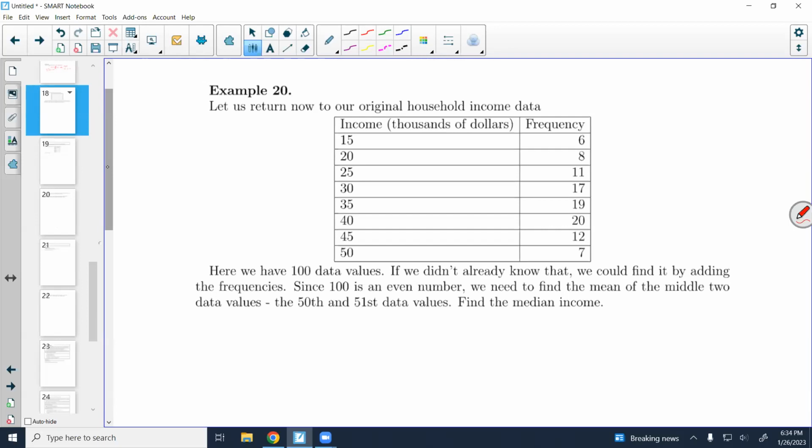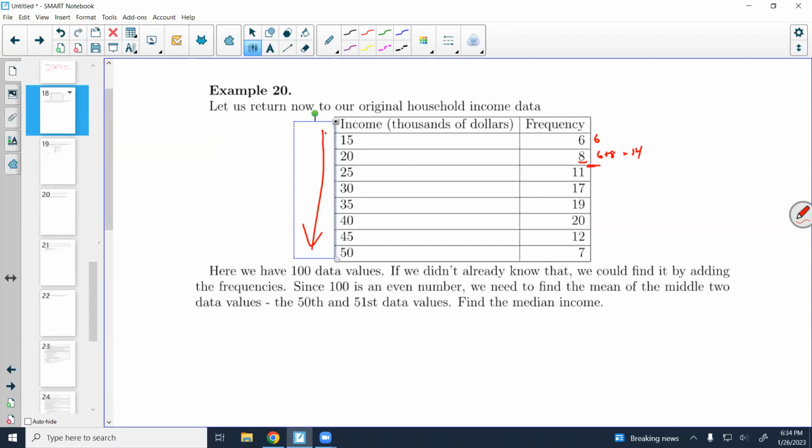Well, again, we go smallest to largest, right? The first 6 values are right there. The next 8 values are here. So that's 6 plus 8 is 14. So to here is the first 14 values.